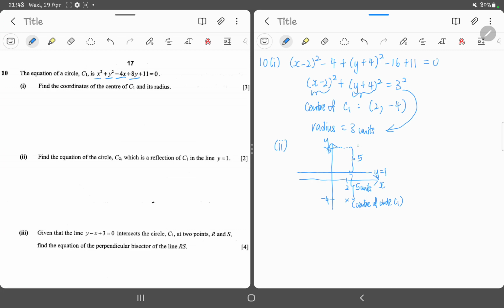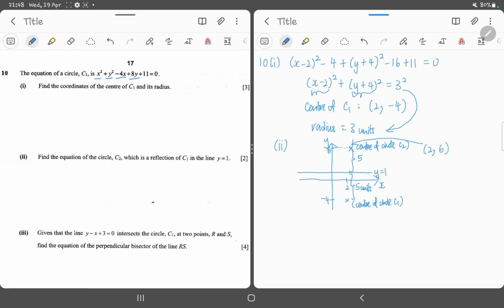So the center of the circle C2 will be here, and the coordinates will be 2 and 6, which makes sense.